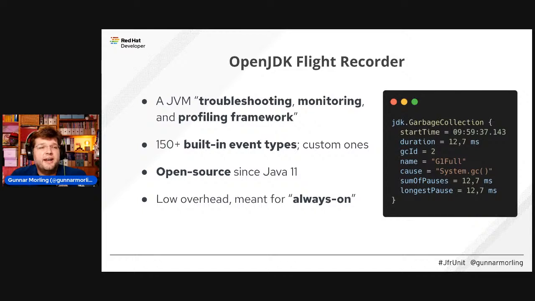So what is it? To quote the docs, it's a troubleshooting, monitoring, and profiling framework which is built into the JVM itself. So essentially, this means it's a very efficient event recorder, which records events of all kinds in a very compact binary format. And within the JDK, either in the native parts written in C++ or in Java parts of the library, there is code which emits those events at all sorts of meaningful points in time of the execution of your application.